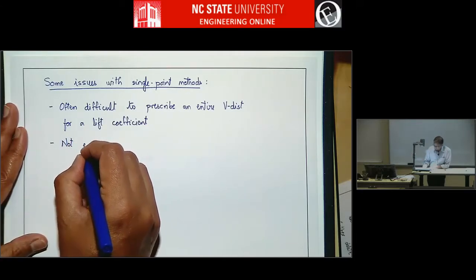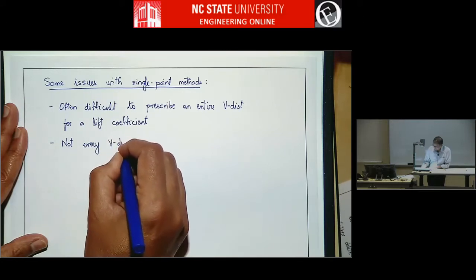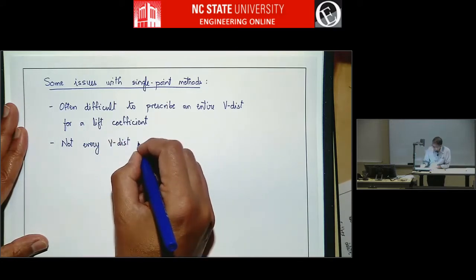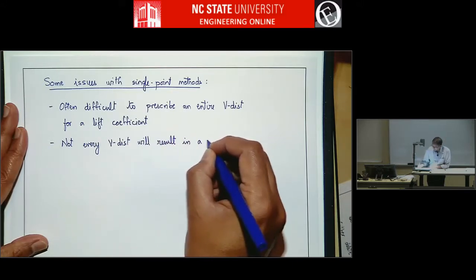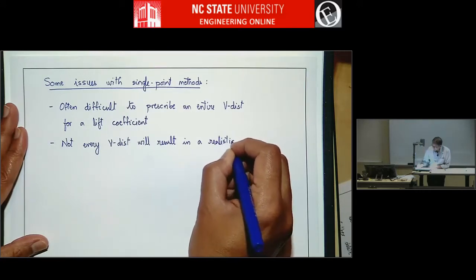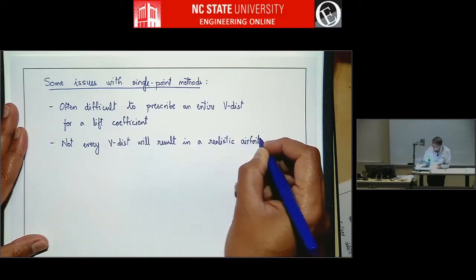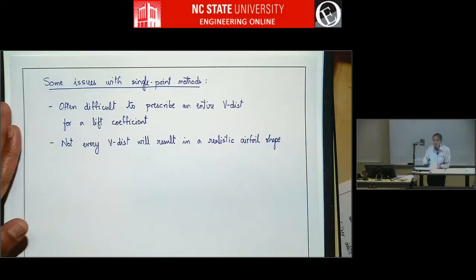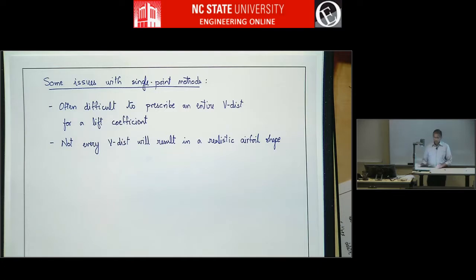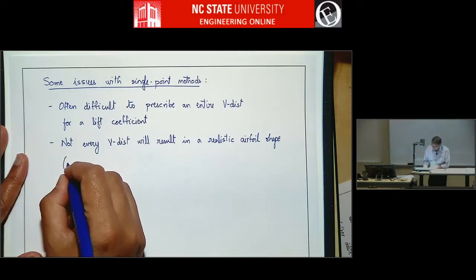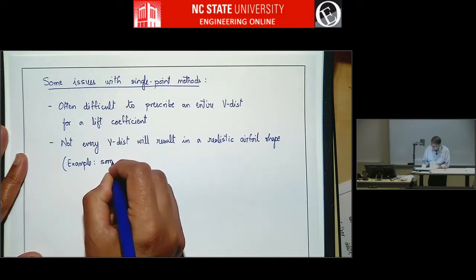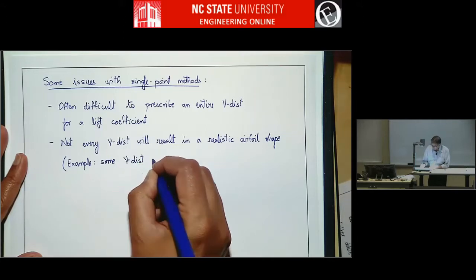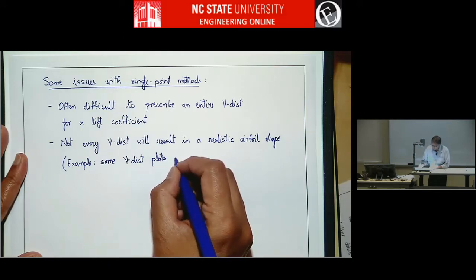So often it is difficult to prescribe an entire velocity distribution. Not every velocity distribution will result in a realistic airfoil shape. For example, people have found out early on some velocity distribution plots will result in a crossed airfoil.